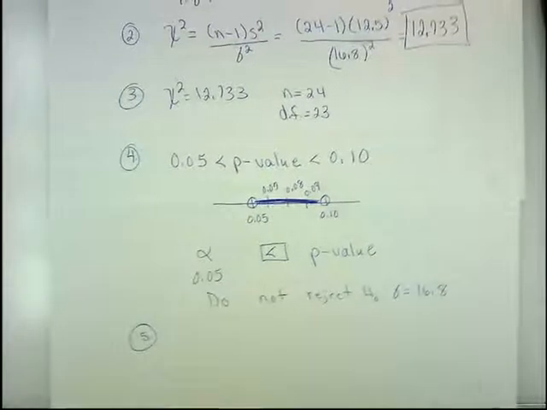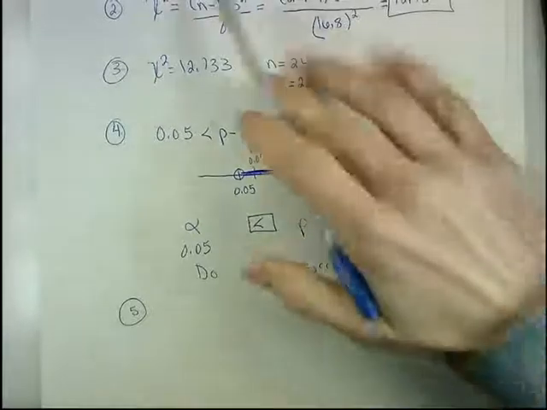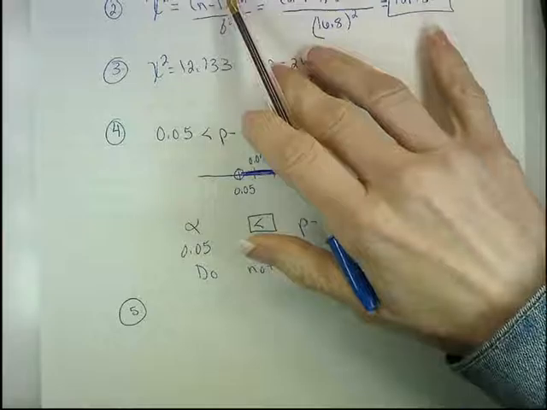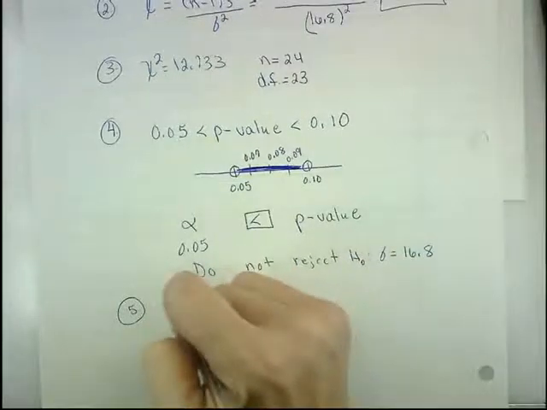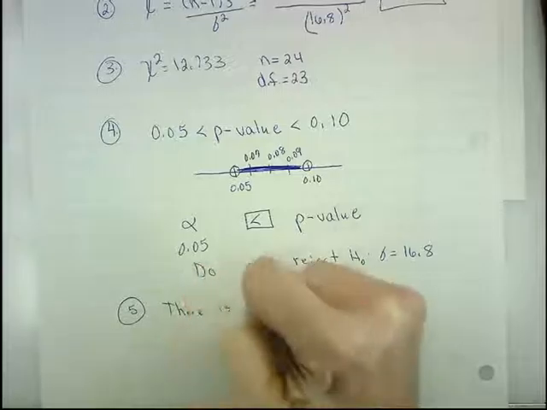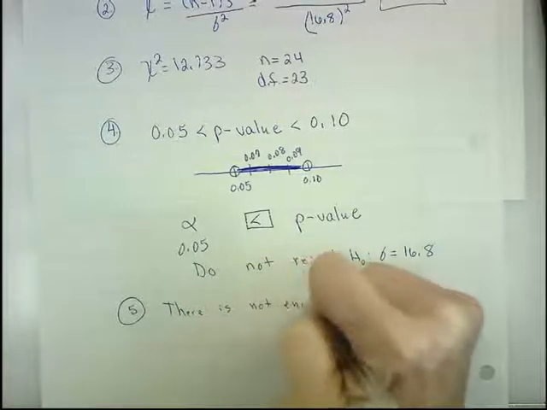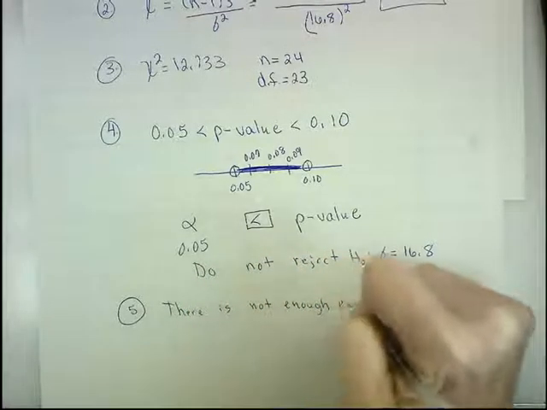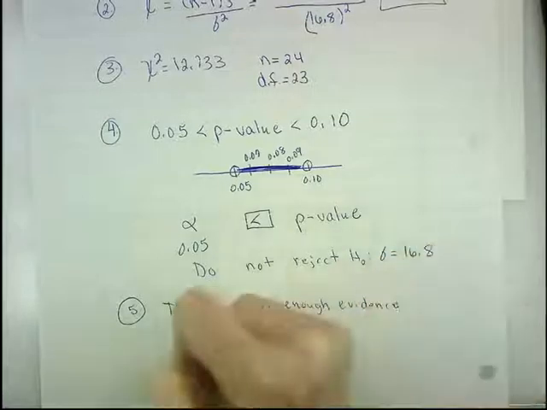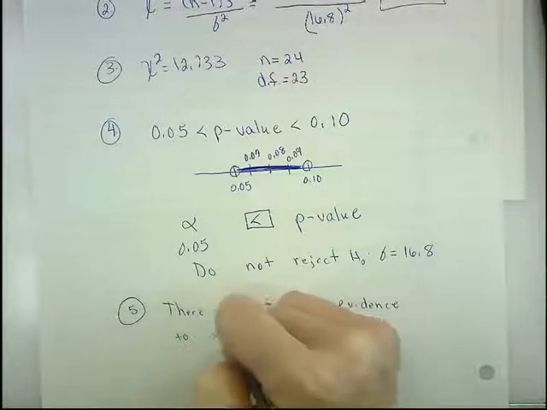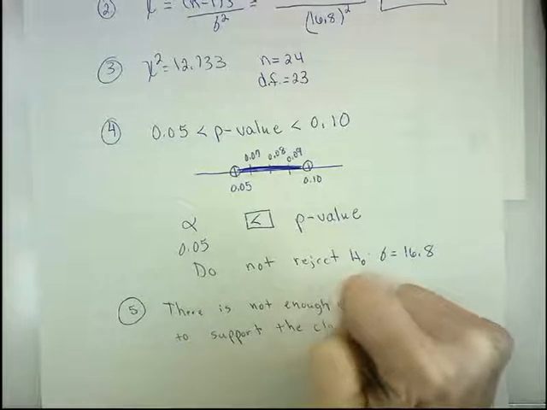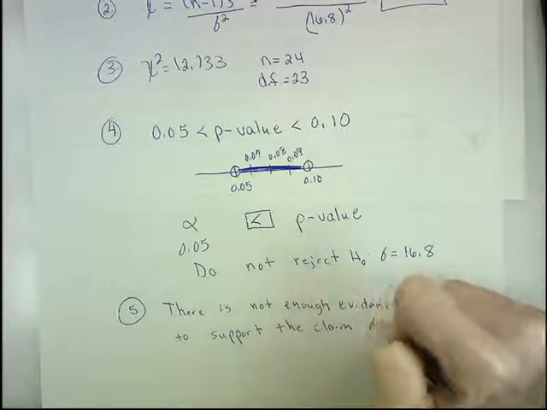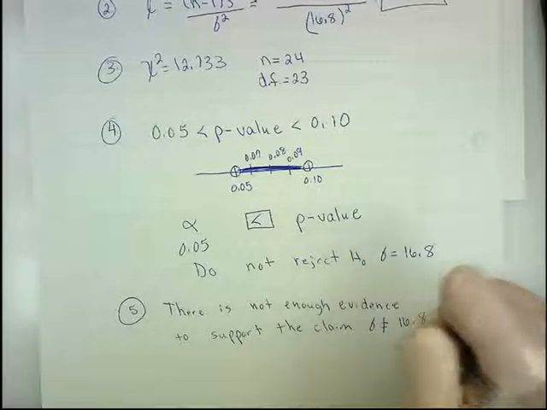The claim was the alternative that says it has changed from 16.8, and we're not rejecting the null. There is not enough evidence to support the claim that the standard deviation has changed from 16.8.